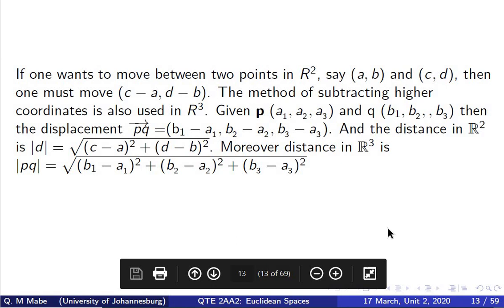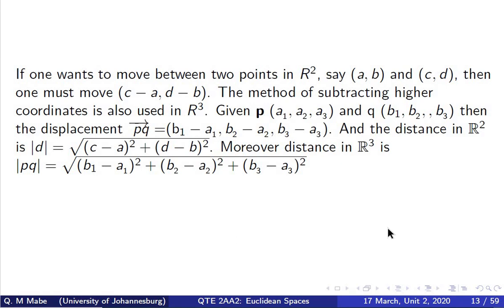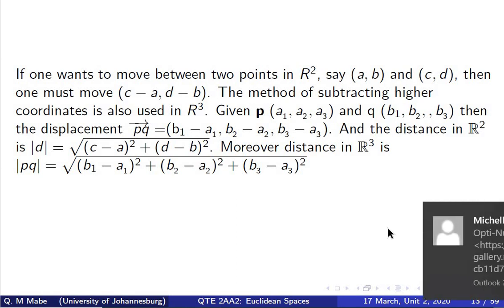So we can talk about distance in R2, R3, and all the way to Rn. If you want to move between 2 points in R2, say between (a, b) and (c, d), you need to subtract the lower coordinates from the higher coordinates.